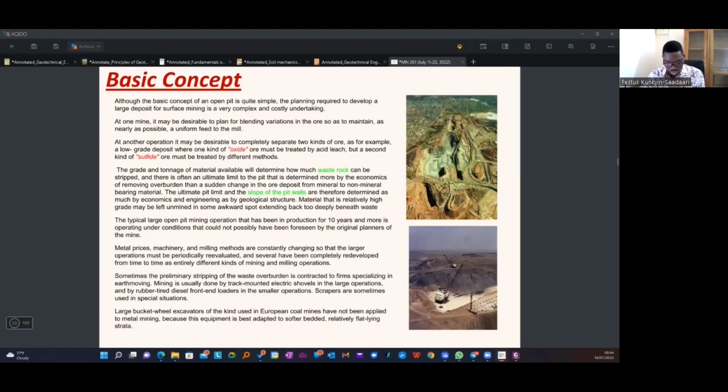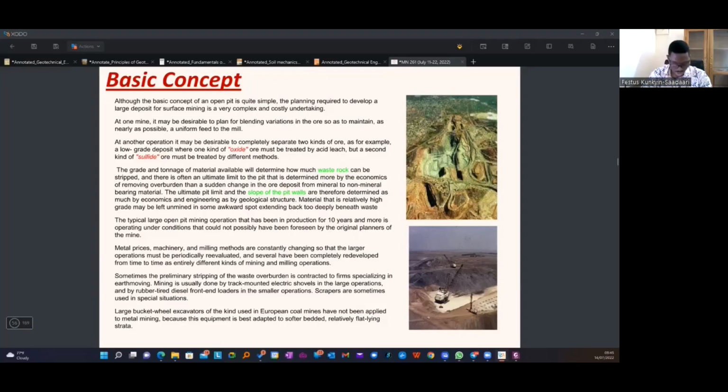But when we get to the planning stage, to start our activities and make the profit as maximum as possible, that is where the hardship comes in, because planning a mine is no joke. It becomes a very tough, challenging task.